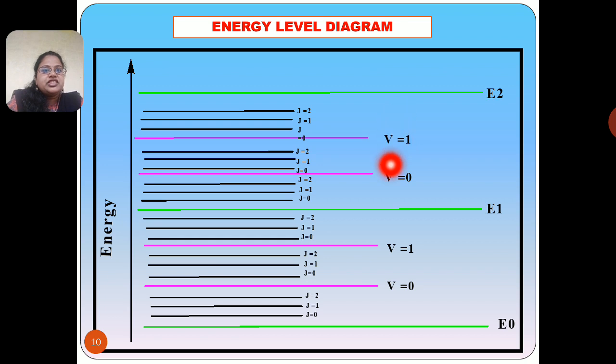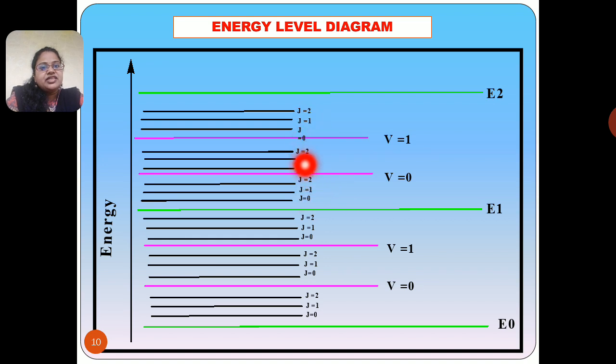So in this diagram, the pink lines show the vibrational energy levels, indicated by V0, V1. Again, these vibrational energy levels are associated with various rotational energy levels, shown by the black lines in this diagram.